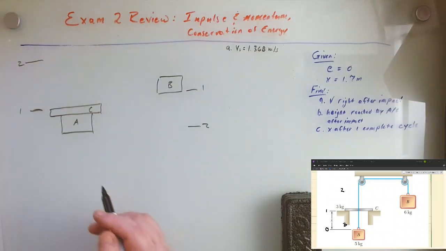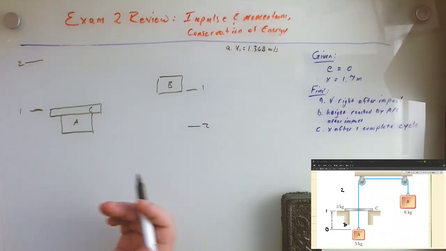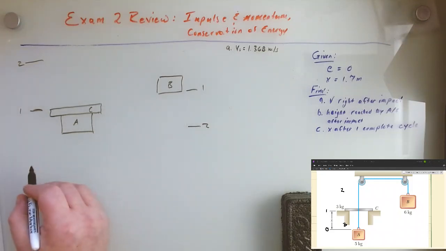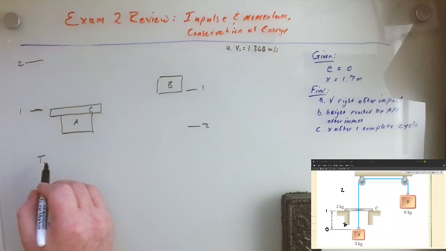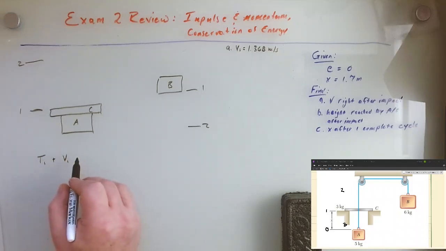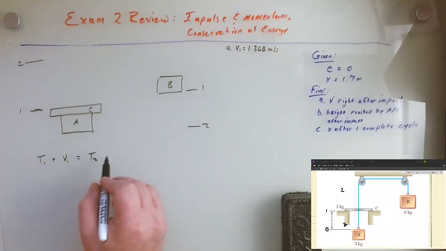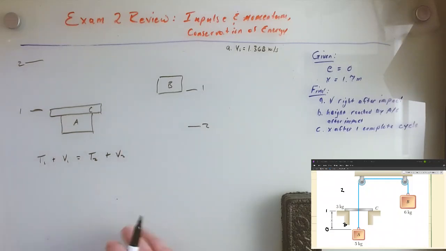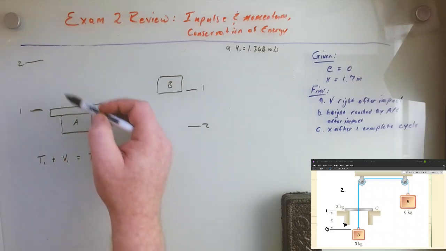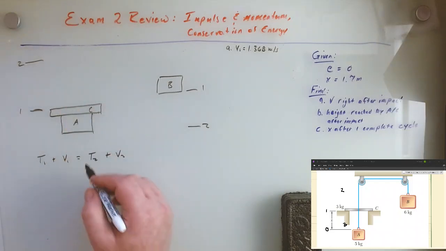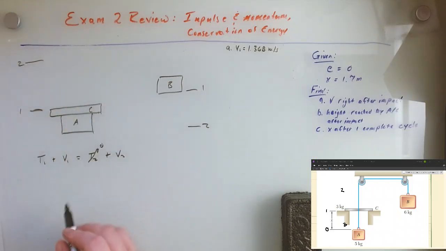So again, we can use the conservation of energy. We get to do that because, you know, gravity. So what we have is T1 plus V1 equals T2 plus V2. And a refresher, we're going up to where we stop, so T2 is going to equal 0.